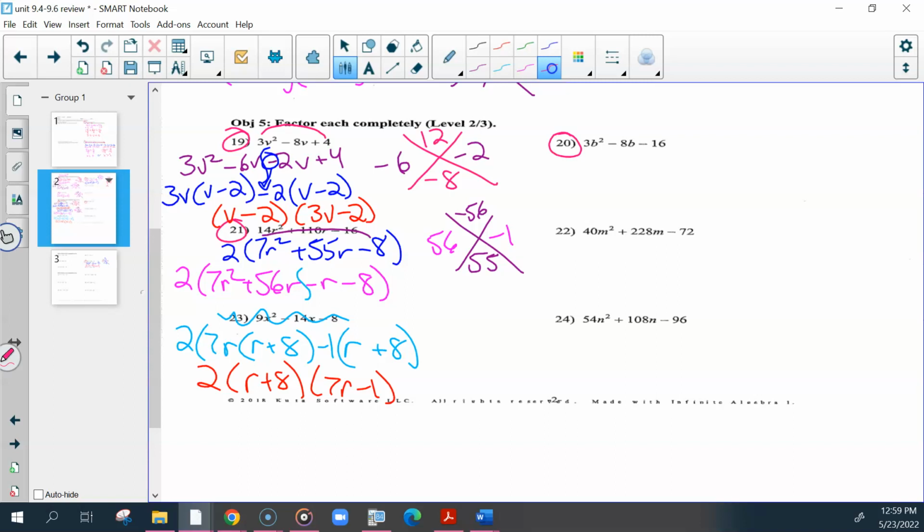No, other than 1, but that wouldn't change anything. So we're going to multiply 3 and negative 16. Negative 48, I believe. So we're looking for two numbers that multiply to be negative 48, but add to be negative 8.